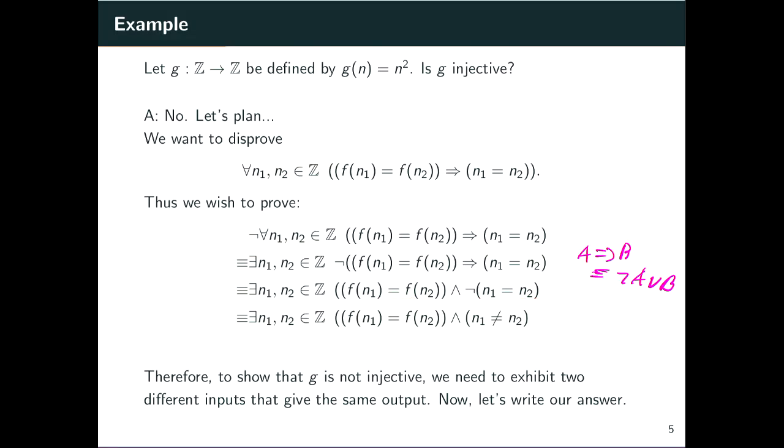And so what we need to prove is there exists an n1 and n2 in Z such that both they map to the same place, but they're also not equal. So two distinct elements mapping to the same place. And I think it should be pretty obvious how you come up with two different numbers.